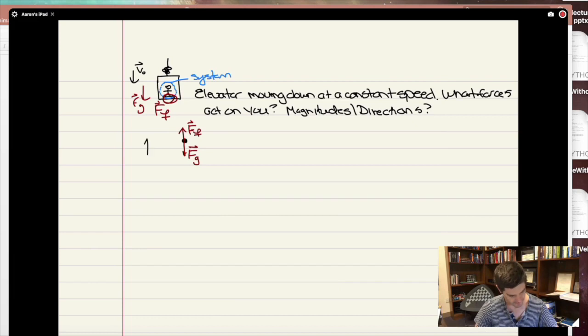Let me define up as positive. This, again, looks like a 1D problem. The force due to gravity then is negative mg. The force due to the floor, I don't know what it is, but I'll just say it's plus F. Plus again, because I think it's going to point upward.